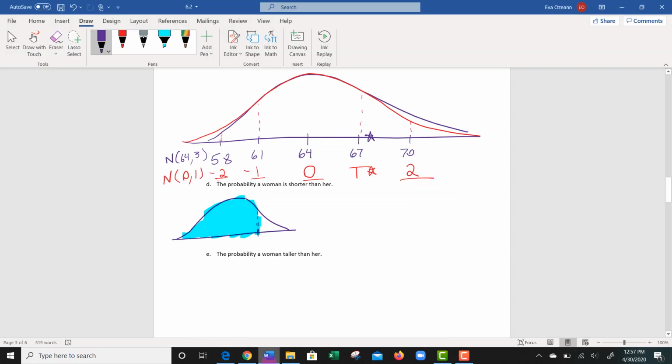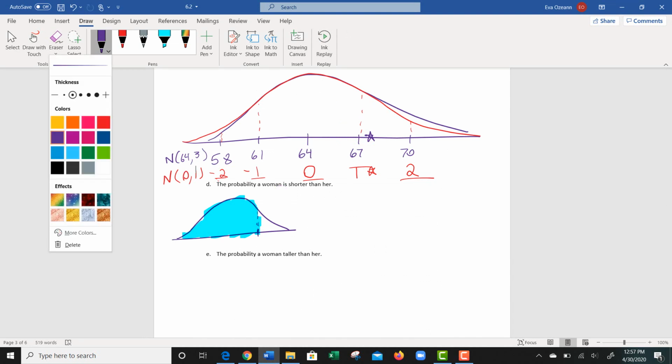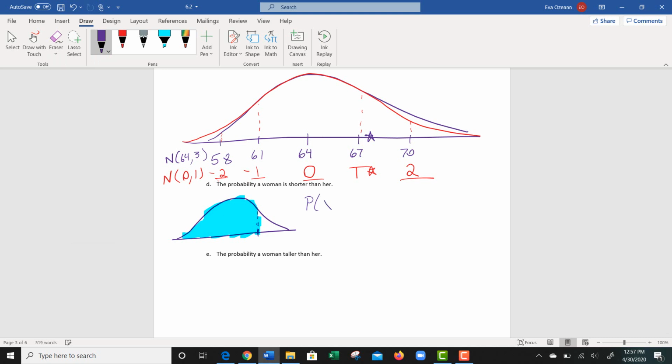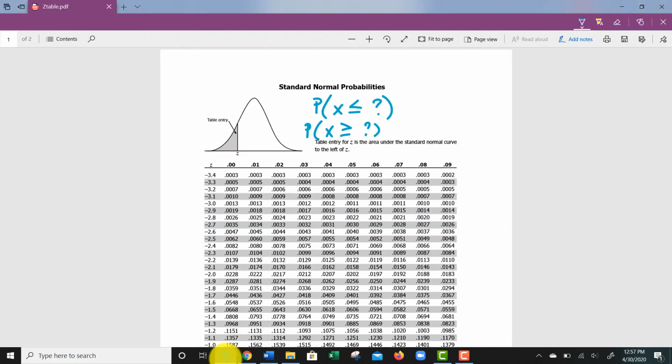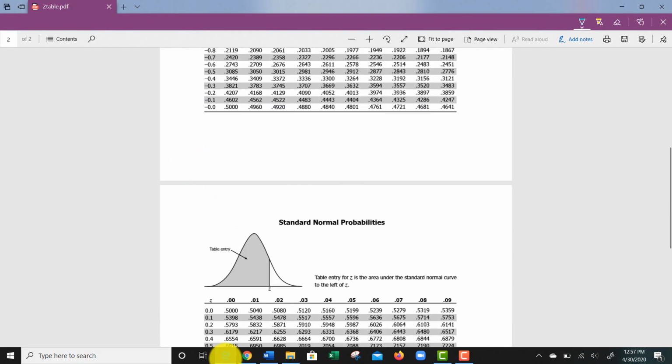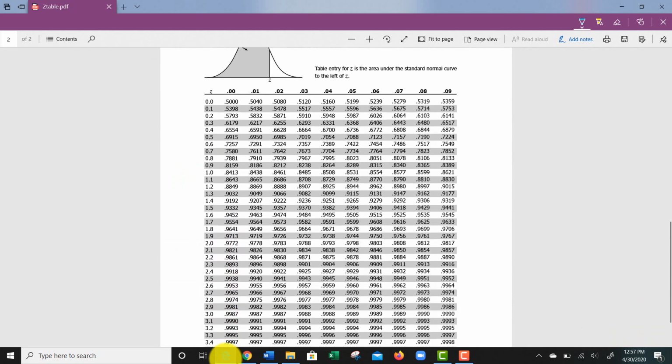So backing up, if we want to find the probability that a woman is shorter than her, the probability that x is less than 67.5, we're going to find her z-score. That's the same as finding if the z-score is smaller than 1.17. So we're going to find 1.17 on this table. All those are negative z-scores, and we want to find positive z-scores.